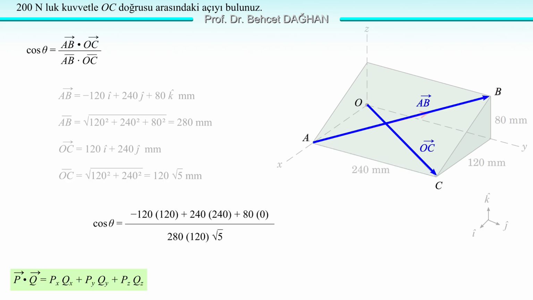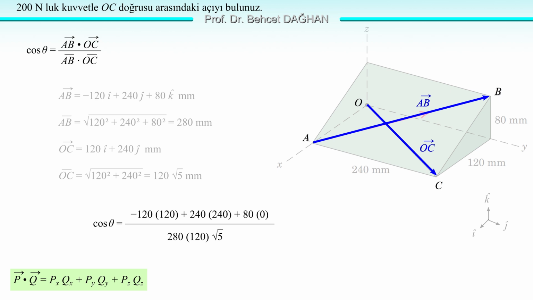Yes, after finding these values, we can now perform dot product. We learned that when finding the dot product of any two vectors in terms of rectangular components, we can use the formula P dot Q equals PxQx plus PyQy plus PzQz.